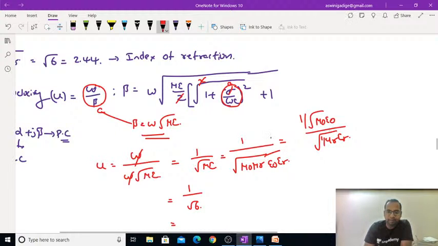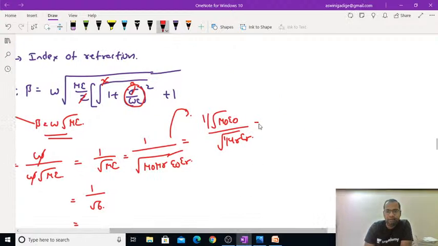Okay, we can write like this. This expression can be written like this. And 1 divided by root of mu naught epsilon naught is nothing but c.